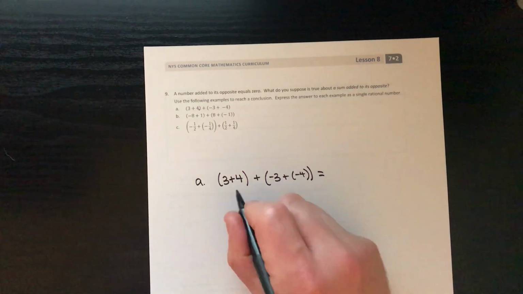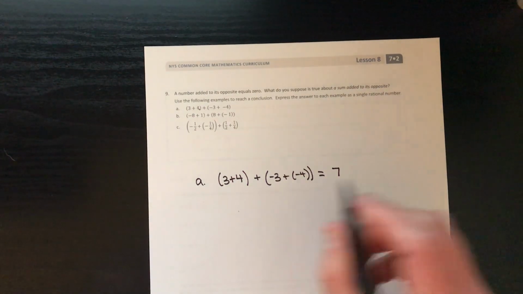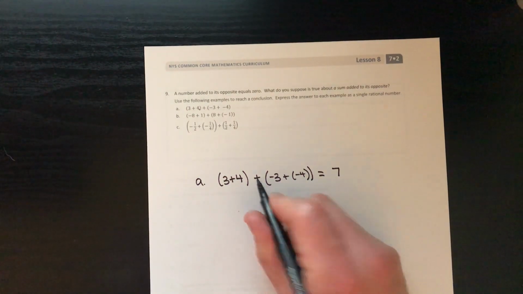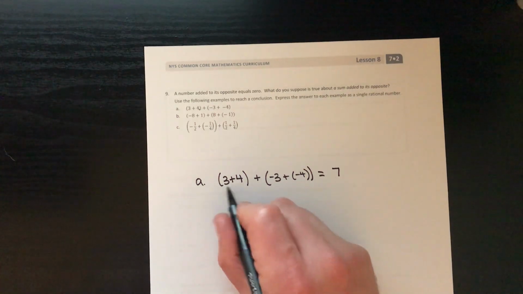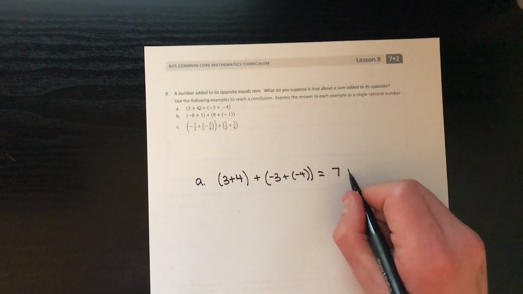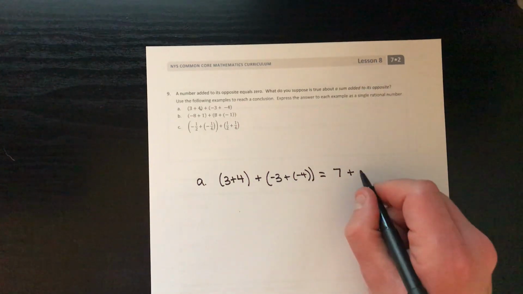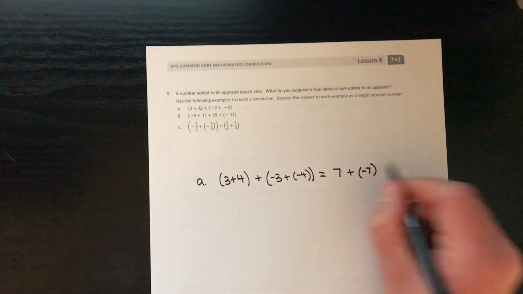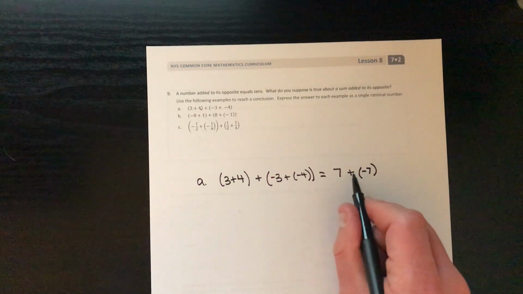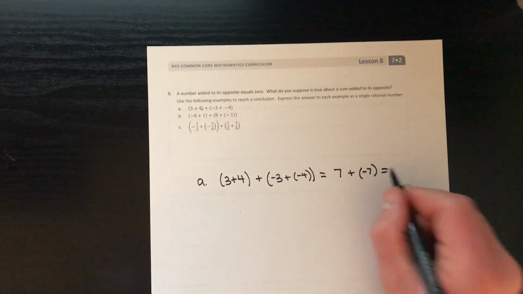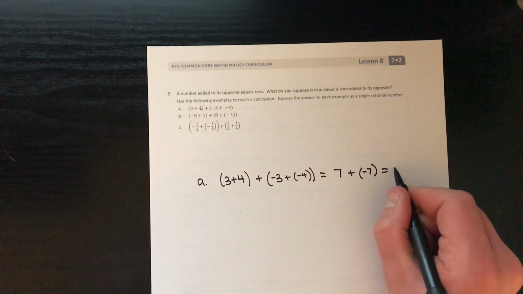3 plus 4 is 7, and I'm going to add that too, so I'm looking at this plus sign here because I kind of satisfied these parentheses. -3 plus -4, that's -7. The only reason I wrote these parentheses is to separate this plus sign and this negative sign, and we know that 7 plus -7 makes 0.